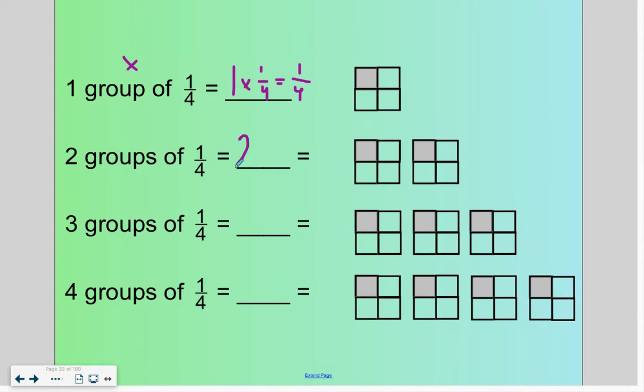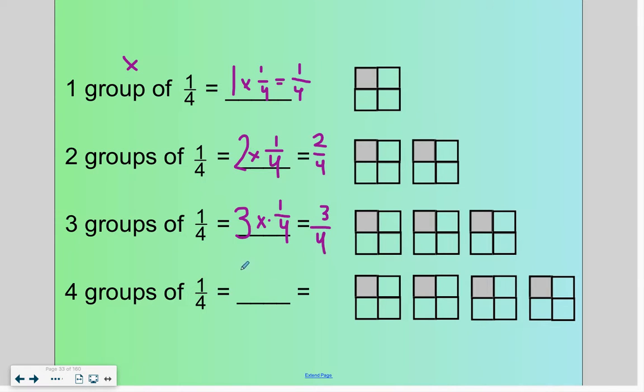If I have 2 groups of 1/4, that's 2 times 1/4. I see 1/4 here, 1/4 here, and that equals 2/4. 3 groups of 1/4 would be 3 times 1/4, which equals 3/4.